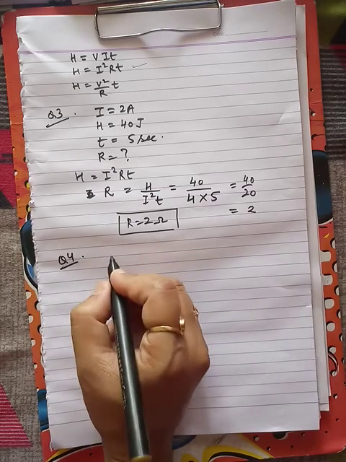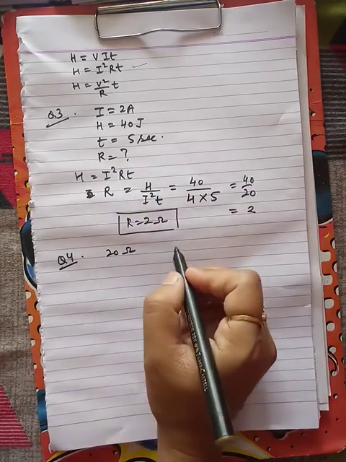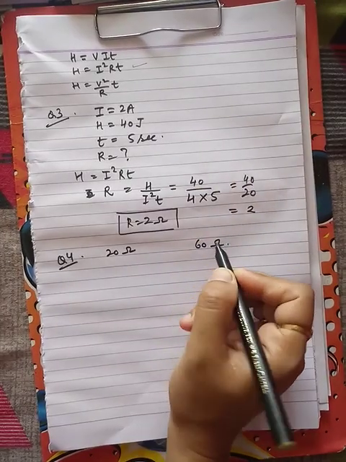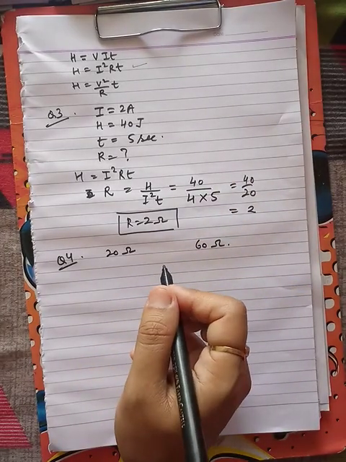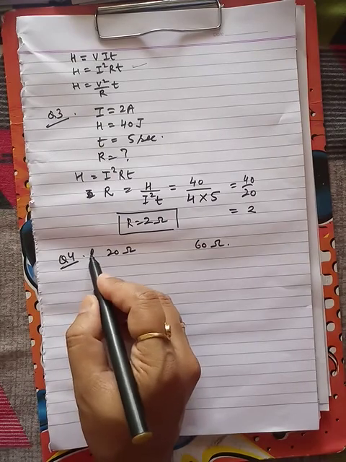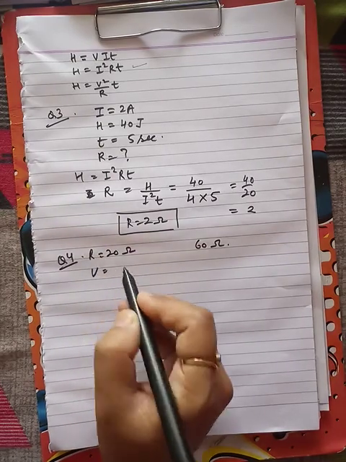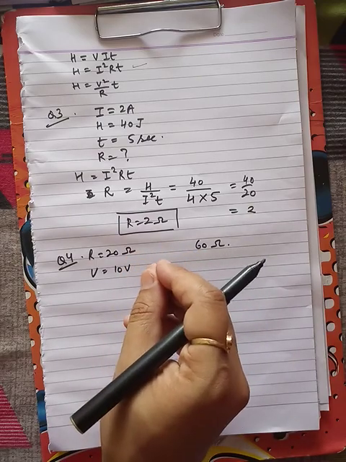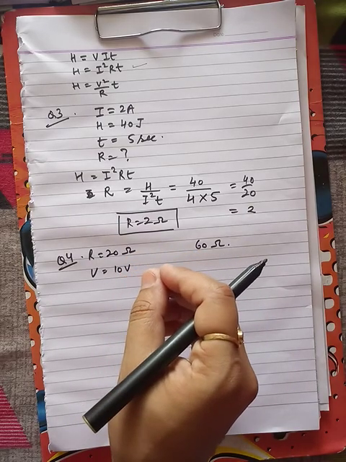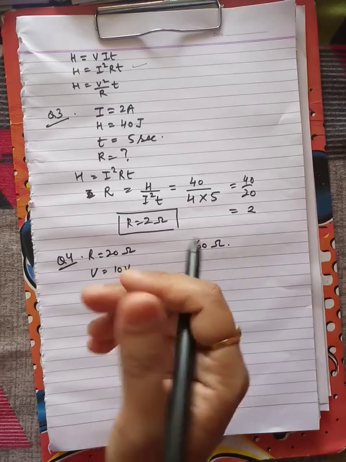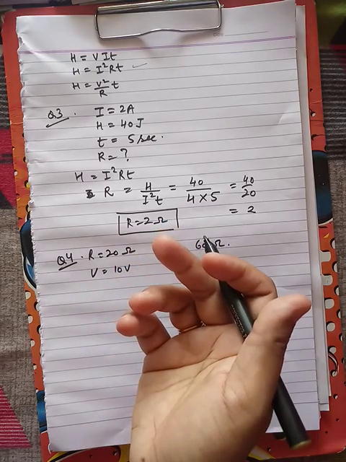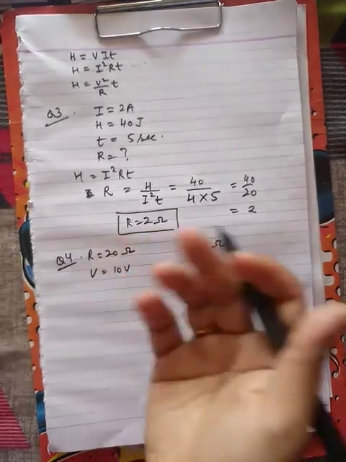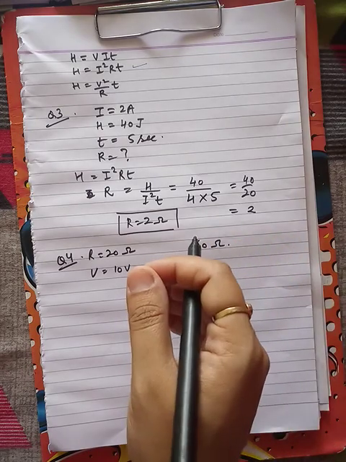One is 20 ohm, another is 60 ohm, and they are connected with a potential difference of 10 volt. Now it is not given in the question how they are connected. So first of all we can compare with respect to parallel combination and then we can compare with respect to series combination.